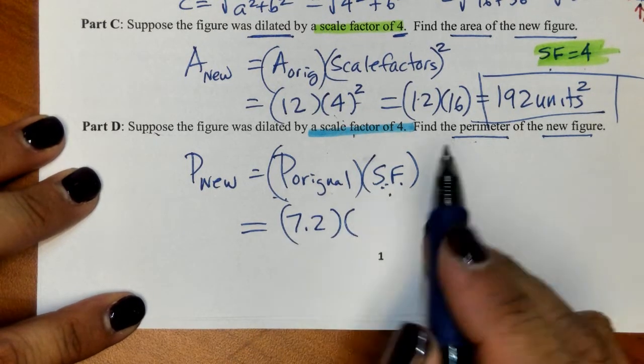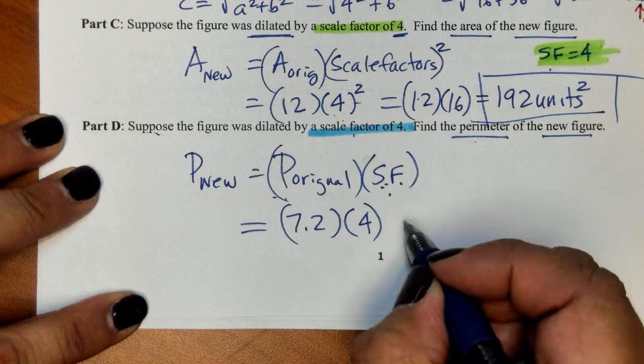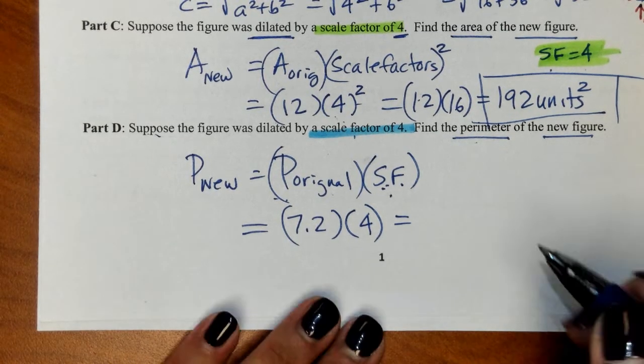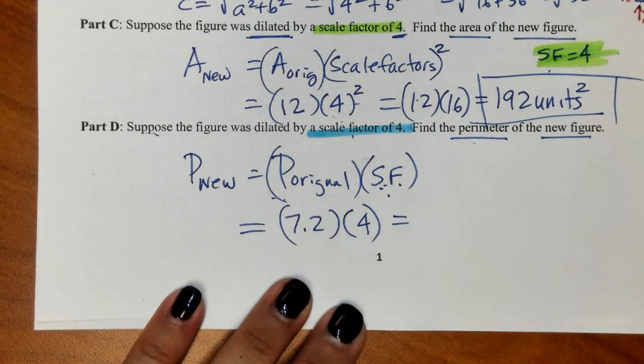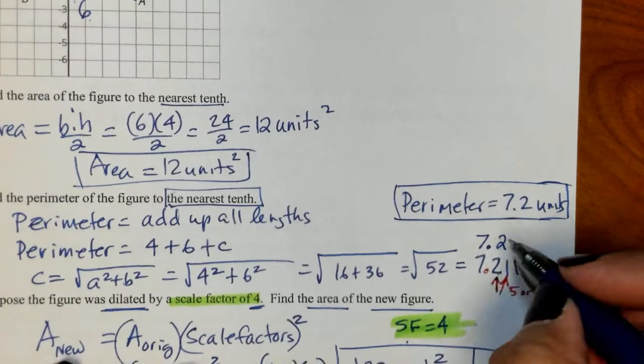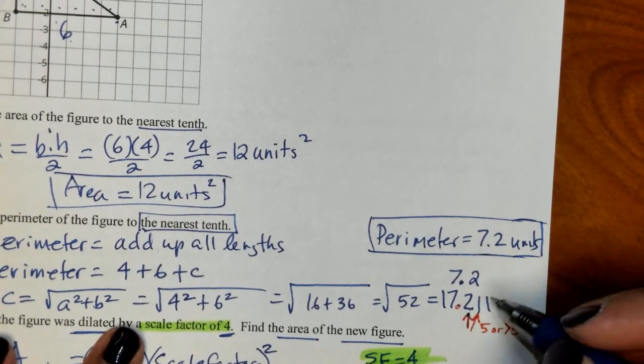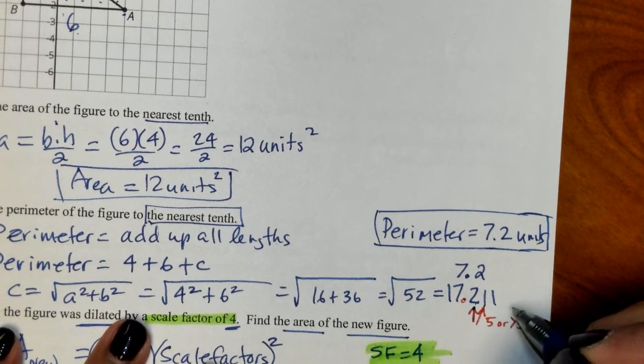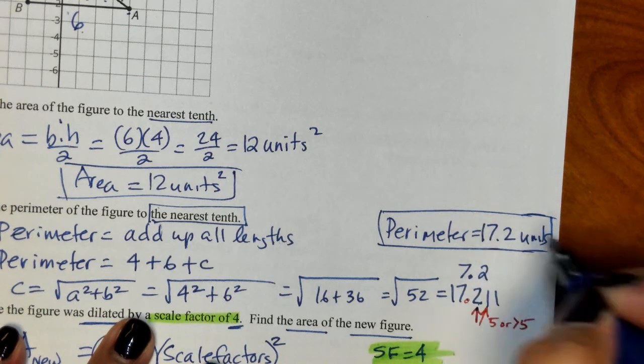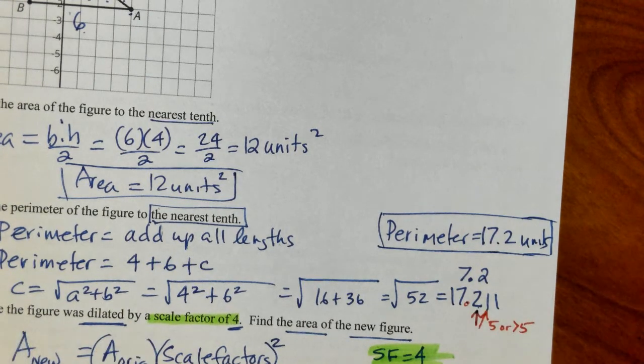The scale factor happens to be the same. Okay, so 7.2 times 4. Did I do that right? Should be 17.2, right? 17.2. Can you go back to part B? That should be 17.2, and you should have 17.2 units. So I apologize for that.